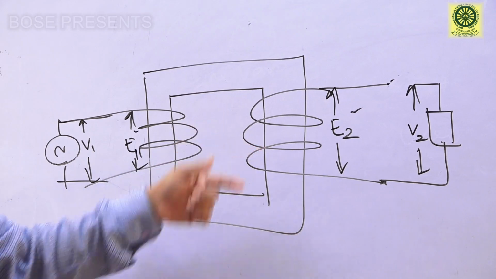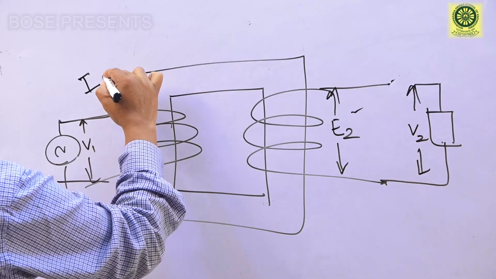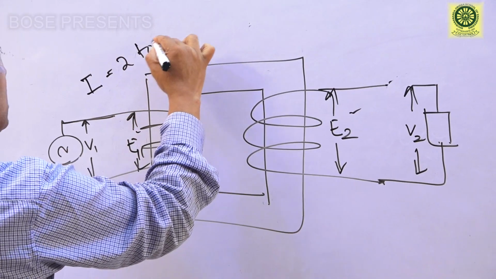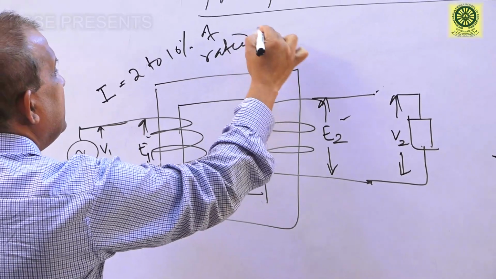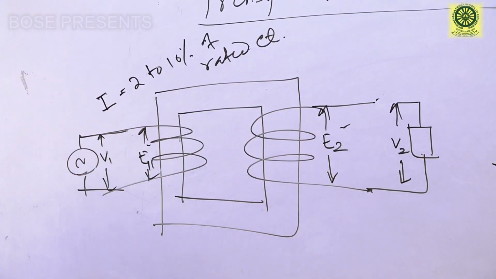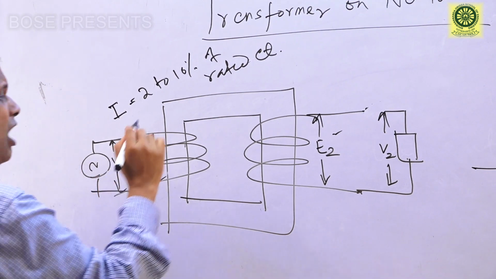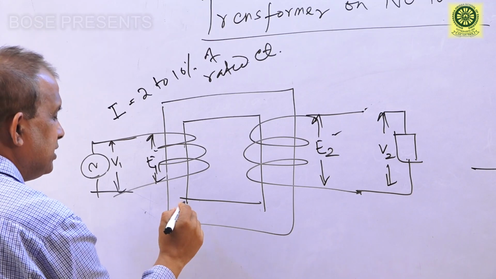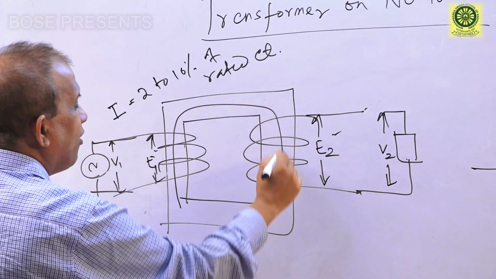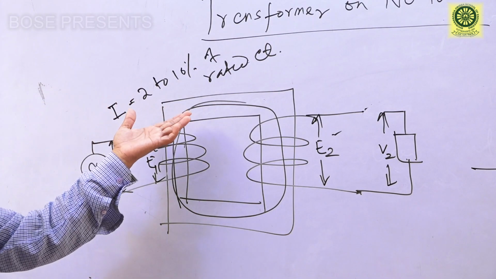Under this condition, the current is maximum 2 to 10% of the rated current. So this current is very less. The current which is now flowing is only working to create a magnetic flux in this particular path, and to account for some core loss, some loss components.